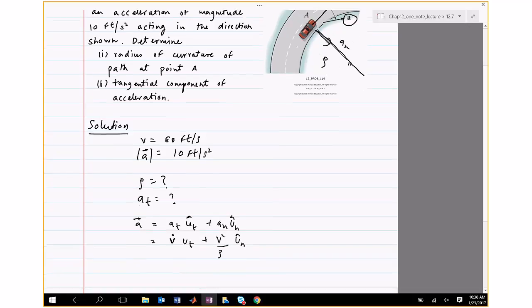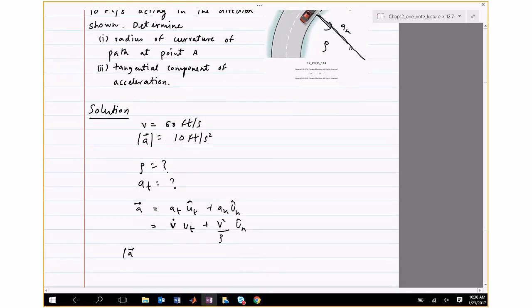So what we are given is the magnitude, which is V dot squared plus V raised to 4 over rho squared, the whole thing under the square root sign. Okay, AT is simply V dot, right?